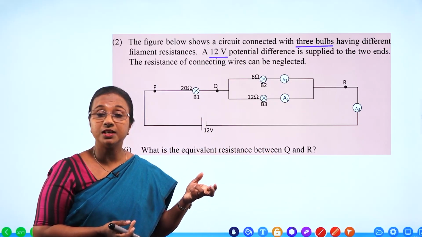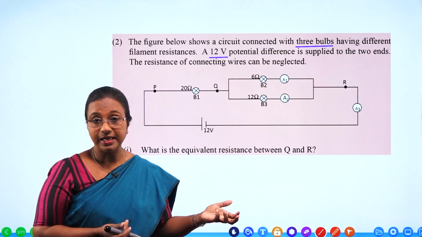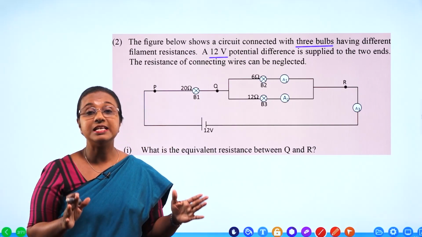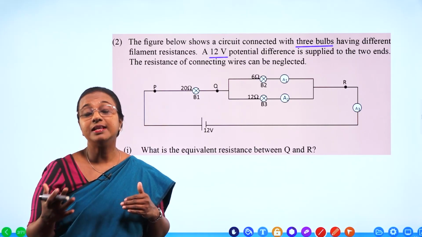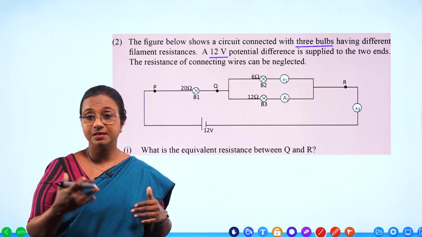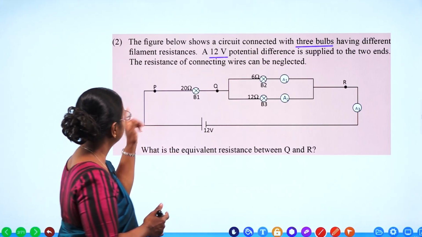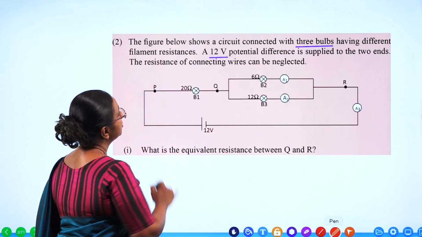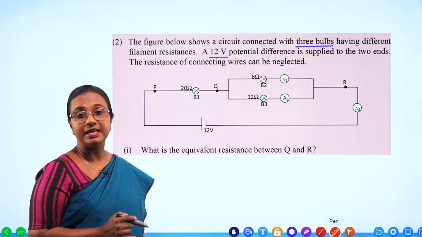The resistance of the components is somewhat high. Compared to that, the resistance of the connecting wires is less, so it can be neglected. And then the calculation also becomes a little bit simpler. So this is very important. The resistance of connecting wires can be neglected.